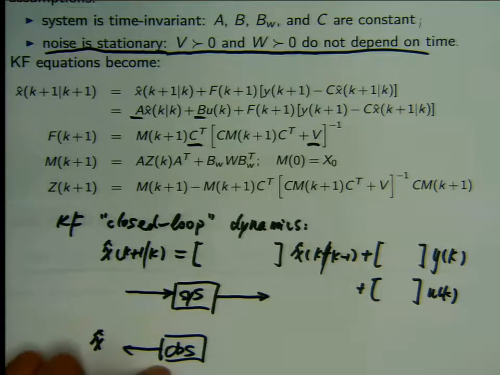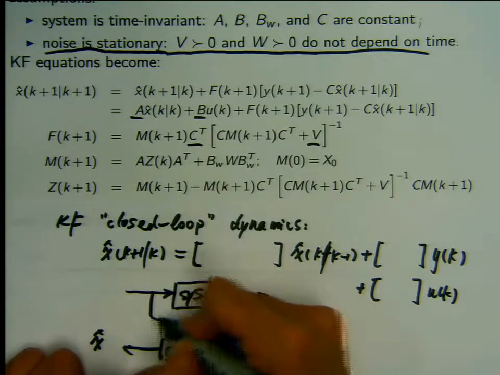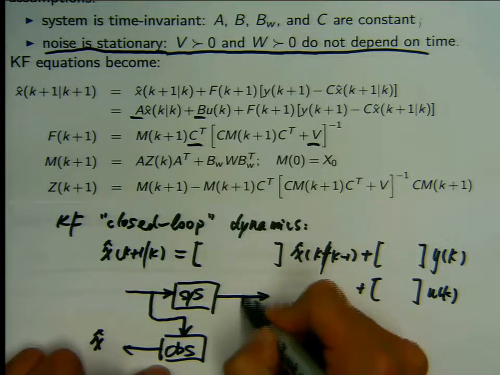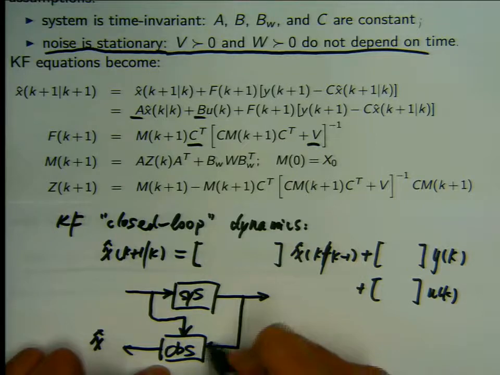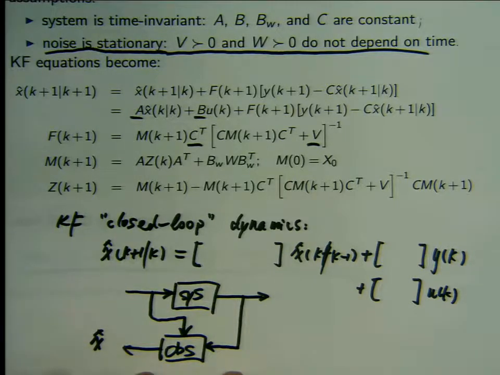What are the inputs for the observer? So an observer is not a single input, single output system. It's at least double input. Actually, it's not even single output because the state sometimes is a vector. So an observer is usually a multiple input, multiple output system.